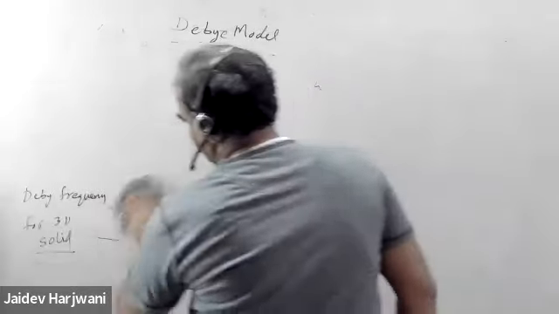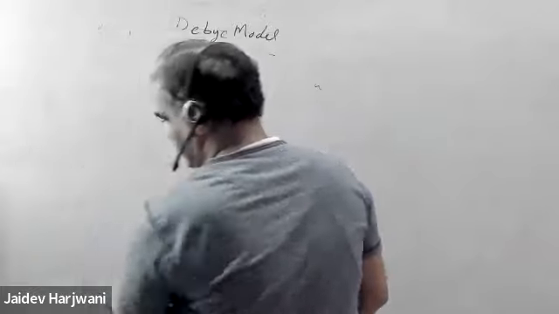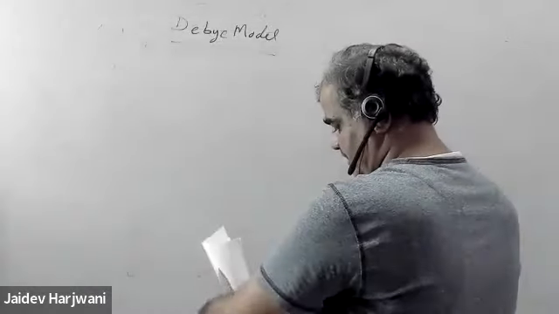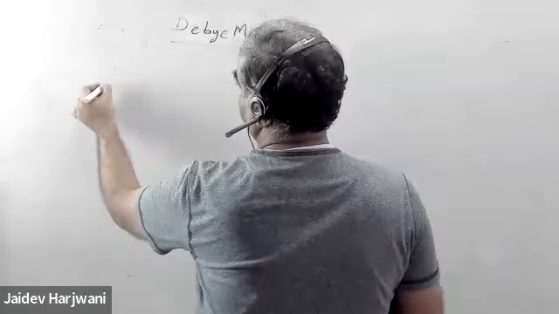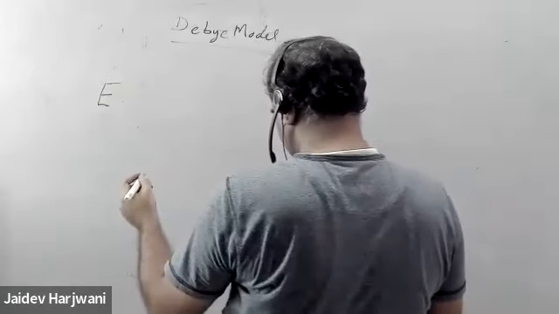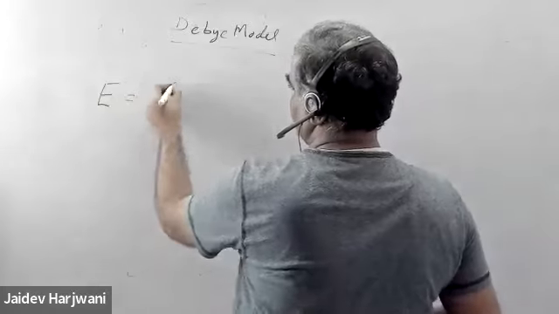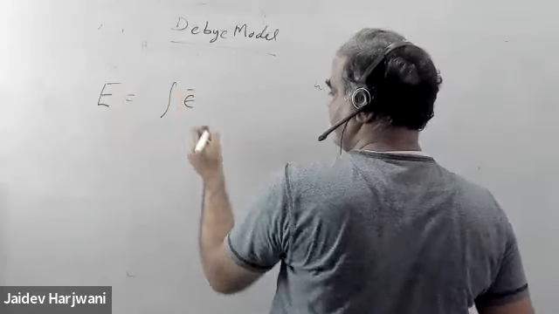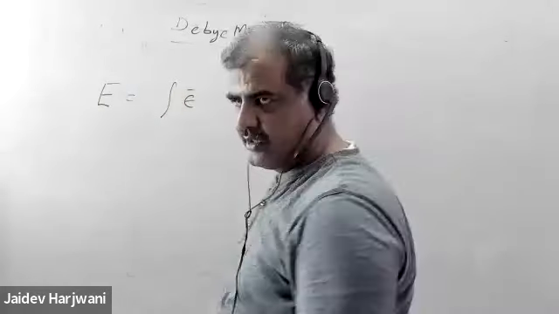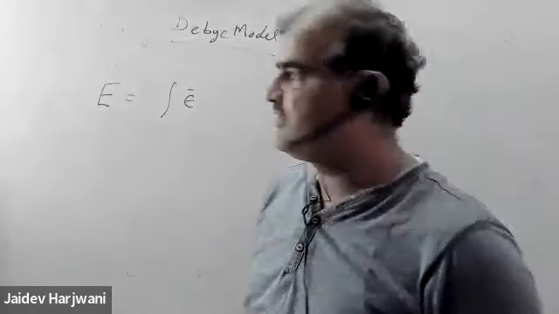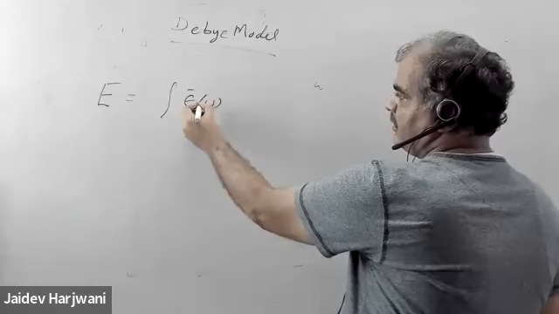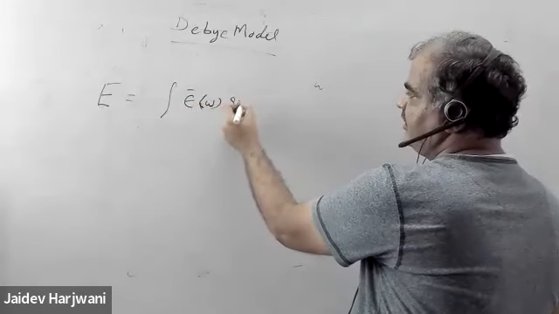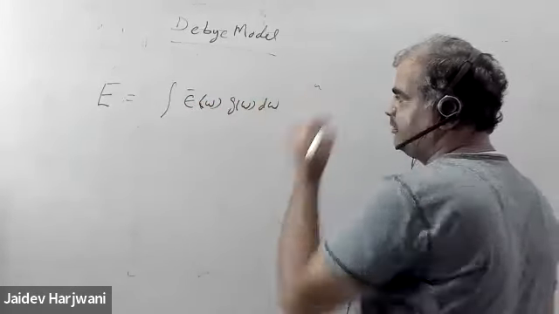Now I'll calculate the total energy. Total energy E will be the average energy per mode, the average energy at frequency omega, multiplied by g(omega) d omega.